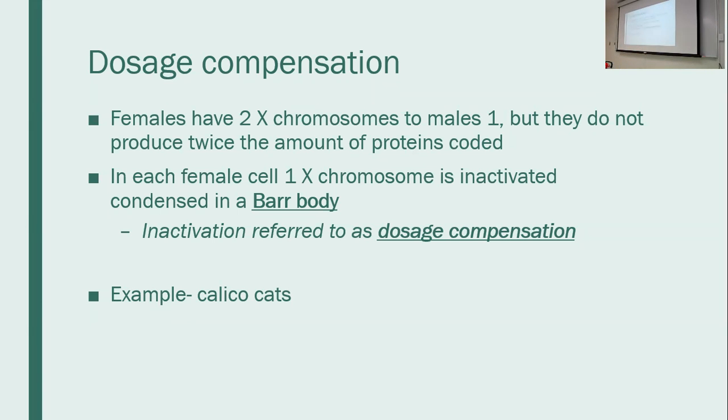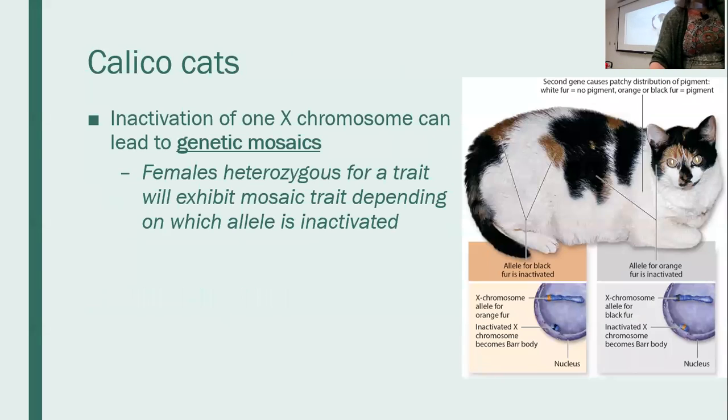This can result in some fun things, I think, like calico cats, right? Depending on the alleles carried on the X chromosomes in a given organism, and which of the X chromosomes gets turned off, what's happening in your classic black, brown, and white calico cats is that you have a female who's heterozygous for a trait, and they exhibit a mosaic trait depending on which allele is inactivated in every region of their body.